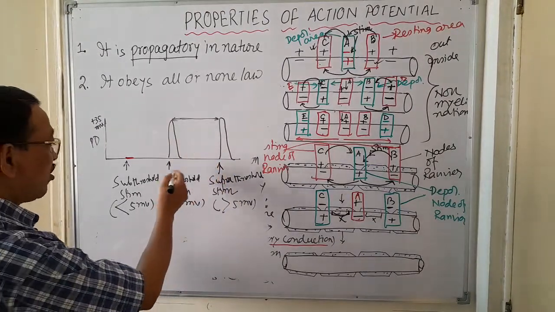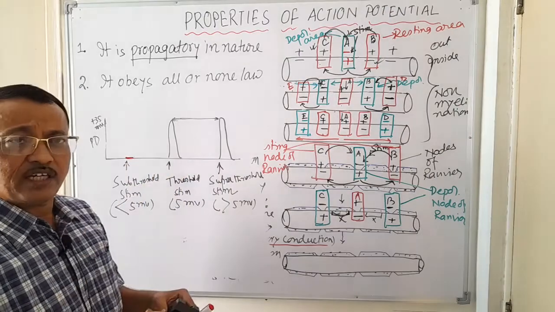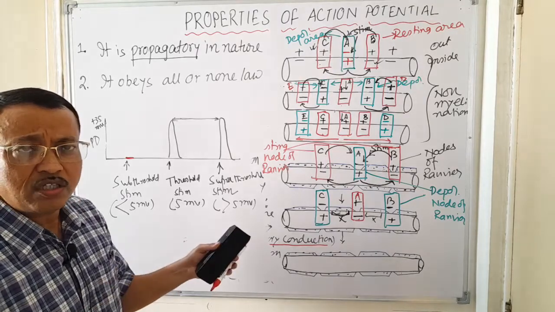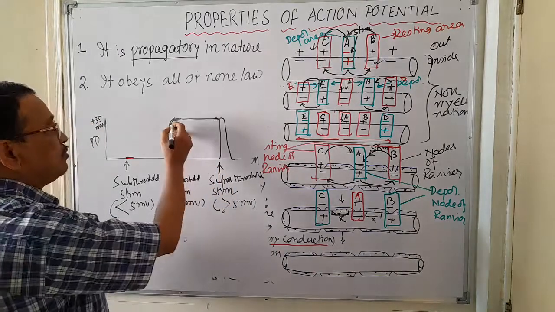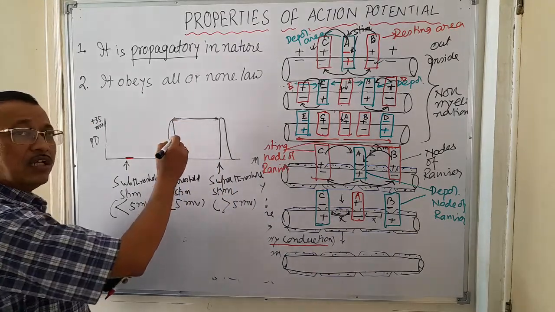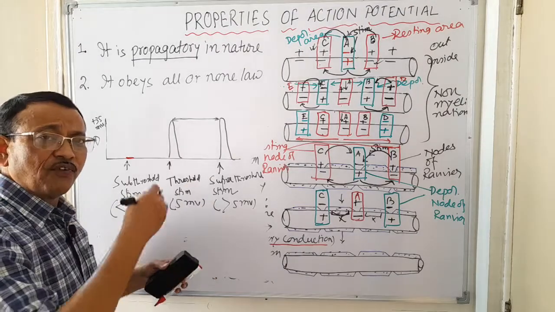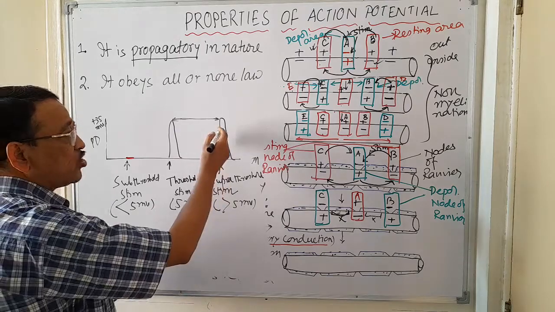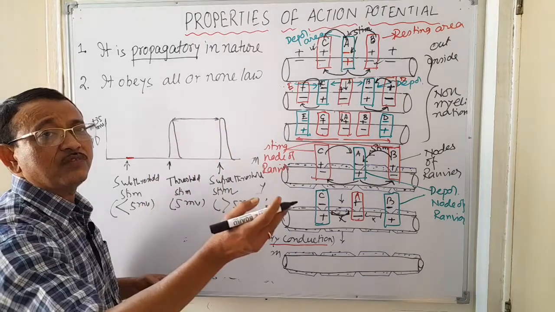That means here what has happened? If the action potential is not generated, it is well and good. If it is generated, then it will be maximum. If we increase the intensity of the stimulus further, the magnitude of the action potential will not be increased.